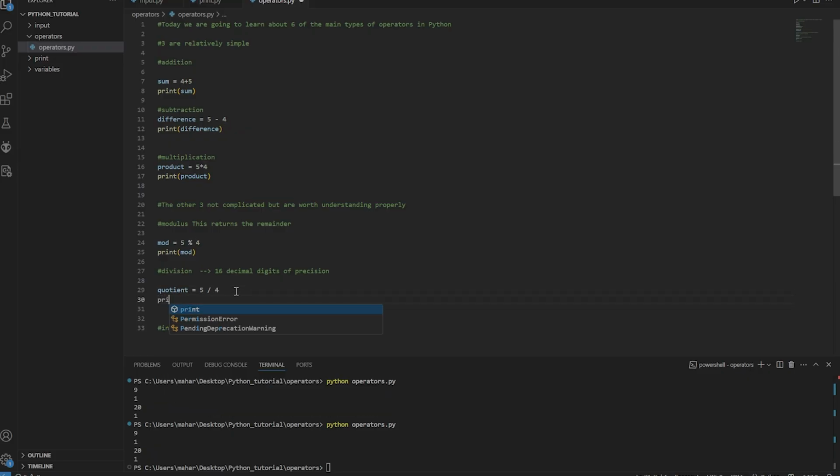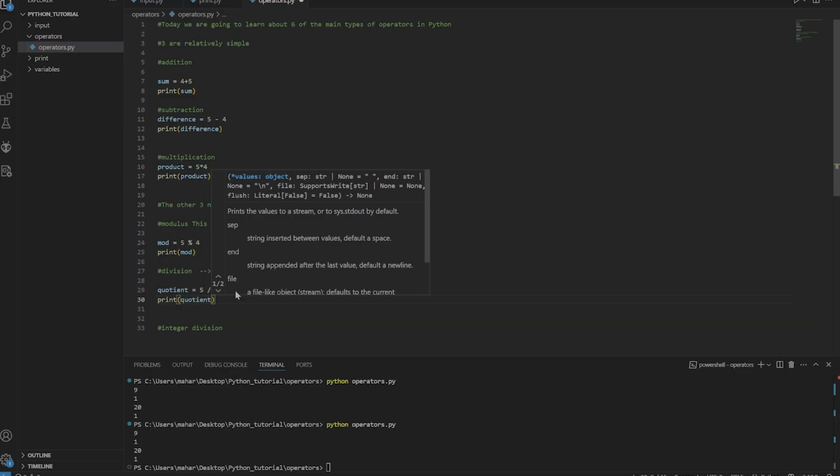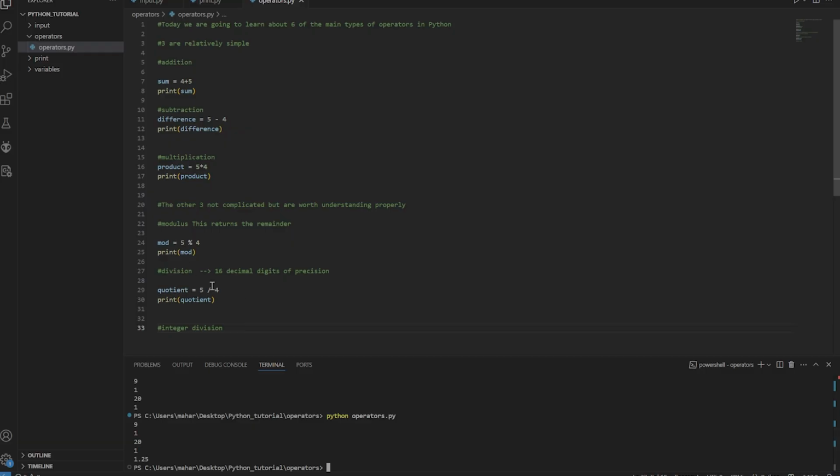If I just print it out, so print quotient, and there we go, 1.25. Now we can see the note I have here. Division gives 16 decimal digits of precision. So let's say I have 1 divided by 3. I should have 16 decimal digits over here.